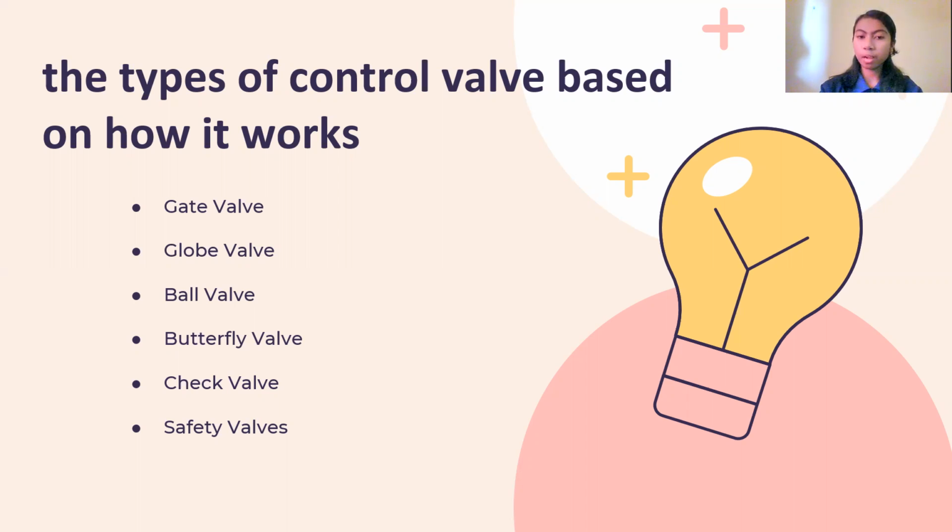2. Globe valve. The globe valve is a valve that has a linear direction of motion and is designed for stopping flow, opening flow, and regulating flow. The disc in the globe valve can shut off a fluid flow. 3. Ball valve.